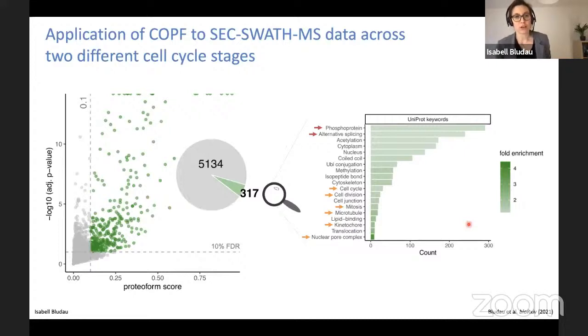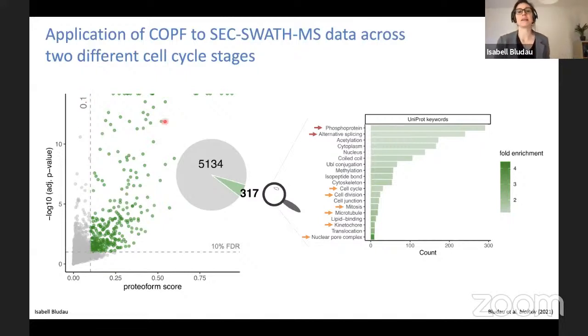So applying the COPF strategy to the cell cycle data set, we could actually detect 317 significant proteins. So these are proteins that were called by COPF to have multiple different proteoforms. And this was at a 10% FDR and a proteoform score cutoff of 0.1.